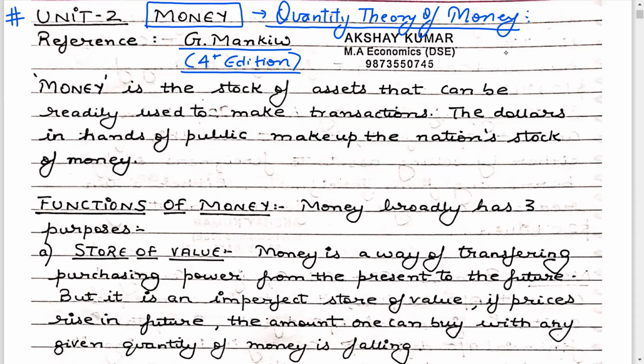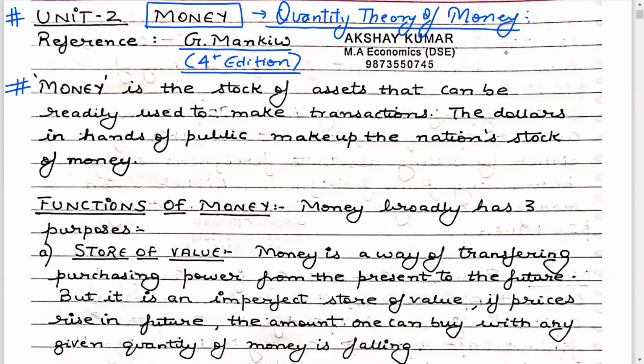Okay, so if you look at the definition of money, it is the stock of all assets that can be readily used to make transactions. And when I talk about transactions, it simply means buying goods and services. Okay, so we assume that the US is the domestic economy right now.